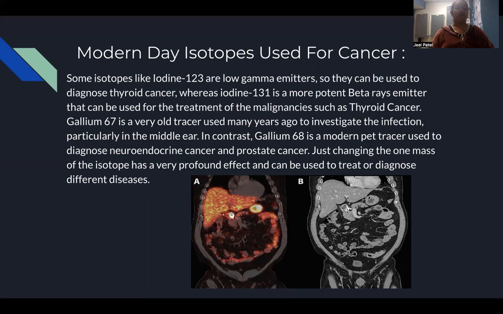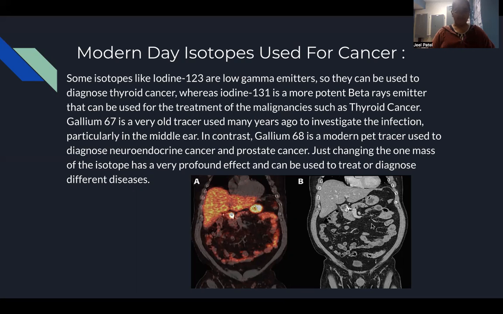There is also gallium-67, which is a very old tracer, and it is used to identify infection in the middle ear. And gallium-68 is a modern tracer from which neuroendocrine cancer or prostate cancer can be diagnosed.